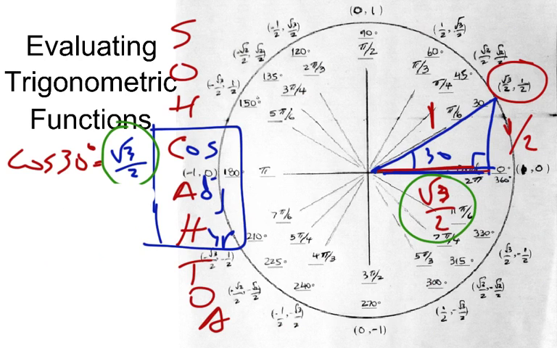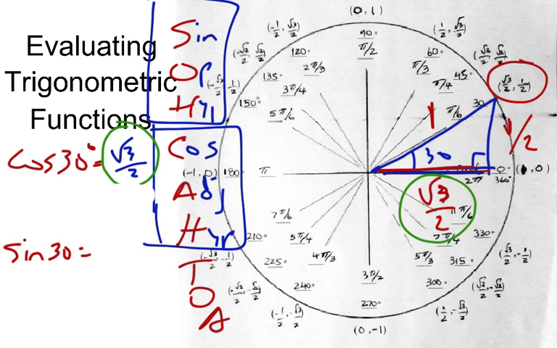Let's do sine. I'm trying to prove a point, which I'm going to show you right now. Sine of 30 is opposite over hypotenuse.